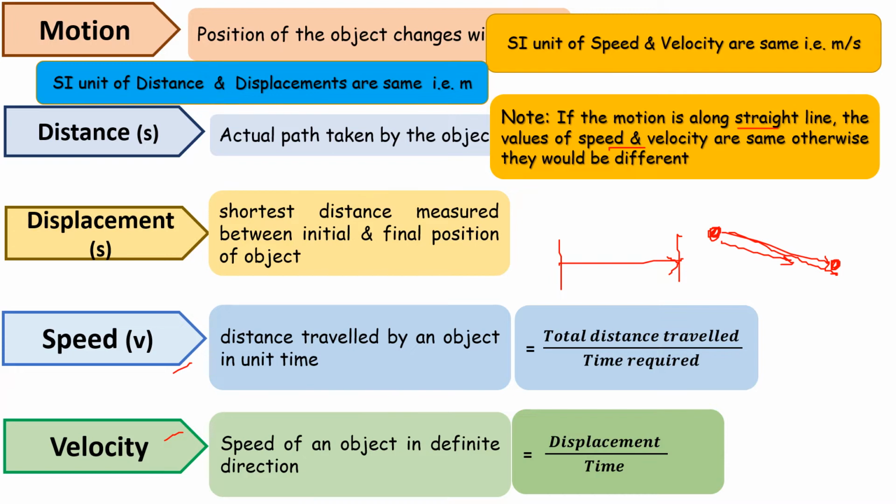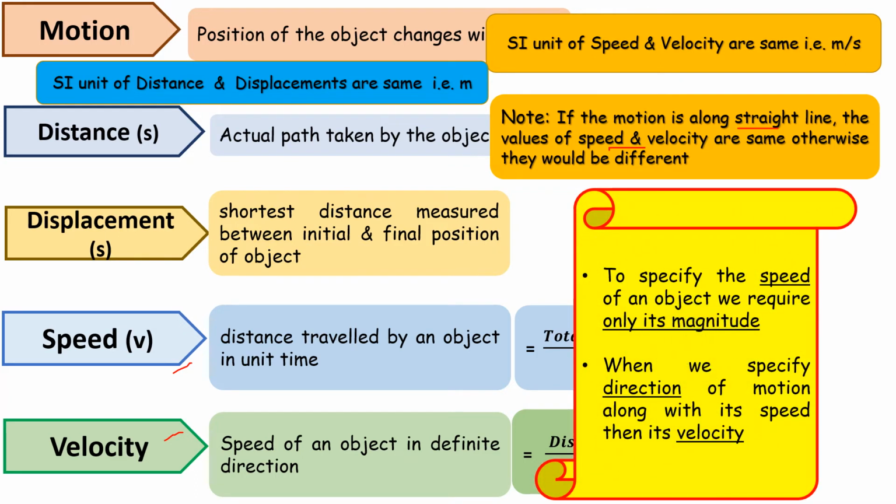Hence, you should always remember, if the motion is along a straight line, the velocity and the speed are the same. Otherwise, they would be different. Like in our earlier case, the distance and displacement were different. Hence, the speed and velocity are different.